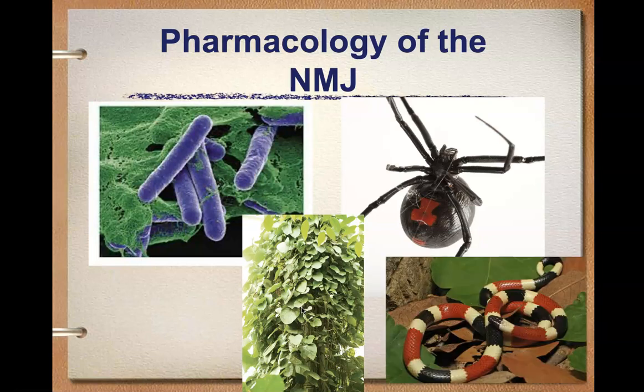And then here also, snake venom. It depends on the snake and the type of venom. Some types of venom will actually block your release of neurotransmitter, what we call the presynaptic, before the actual synaptic cleft. And then others can interfere with the postsynaptic acetylcholine receptors. And that's what this guy does.